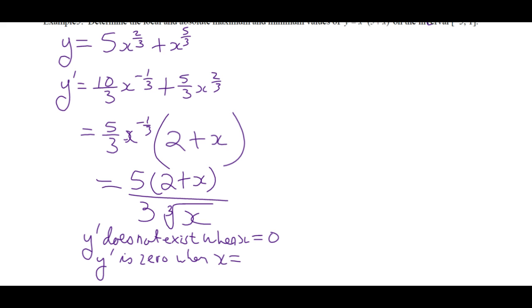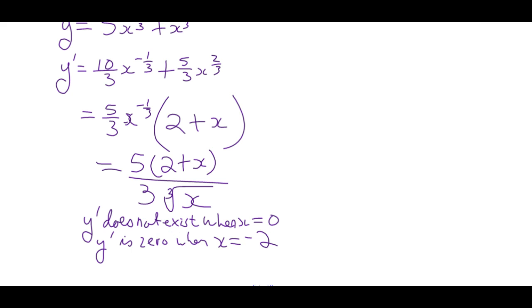Negative 2, right? It's the value of x that makes the numerator 0. So our critical numbers are 0 and negative 2.